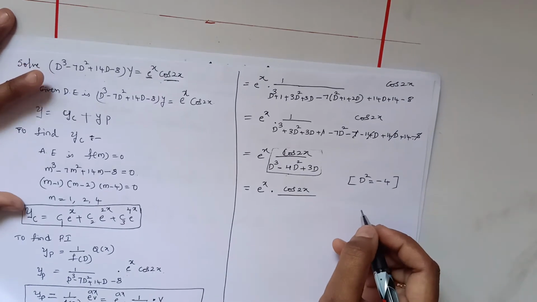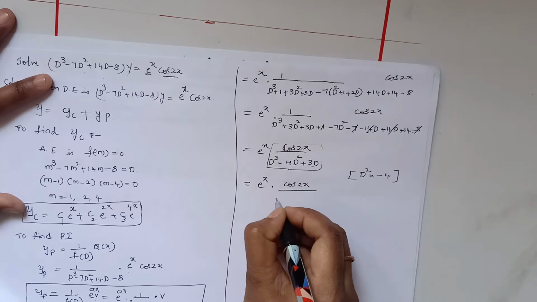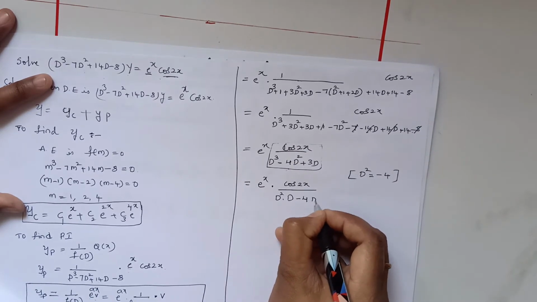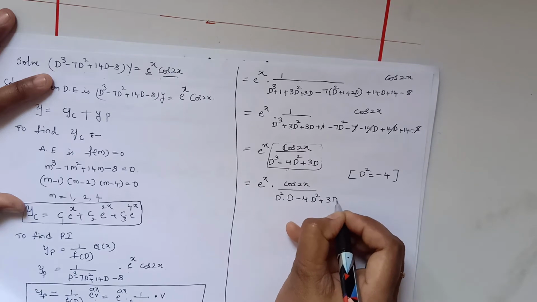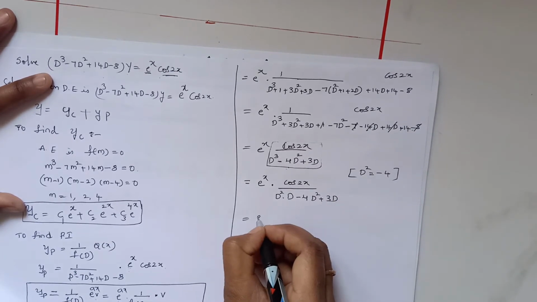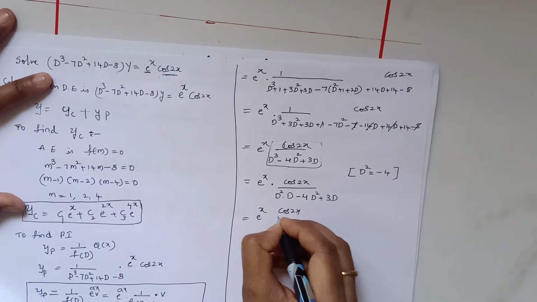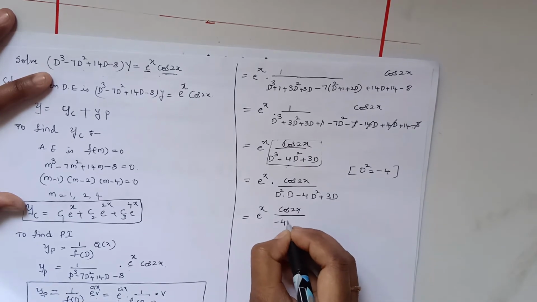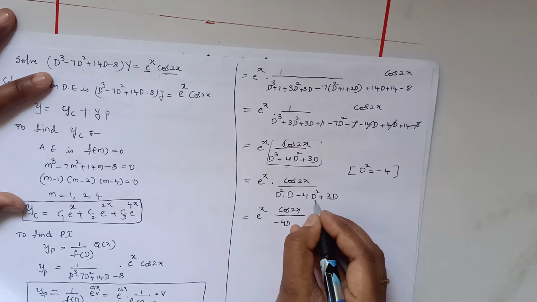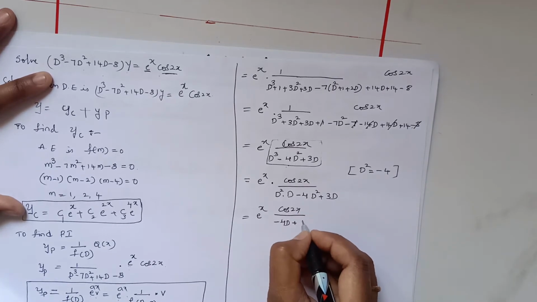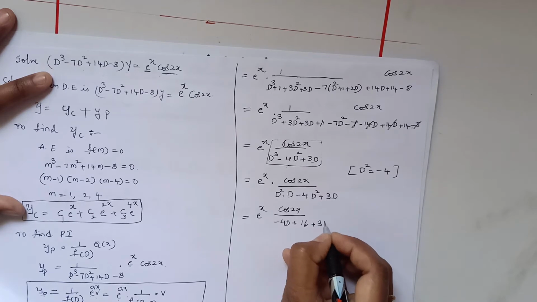D cube can be written as D square into D, minus 4 into D square plus 3D. In place of D square, substitute minus 4. Cos 2x by minus 4D, if I write minus 4, minus of minus plus 16 plus 3D.